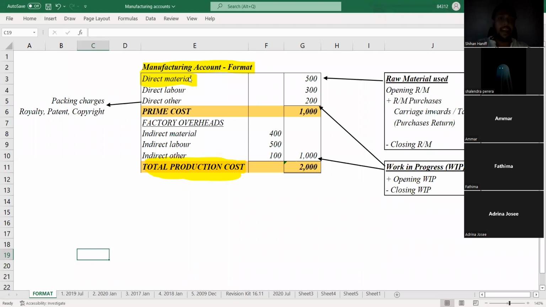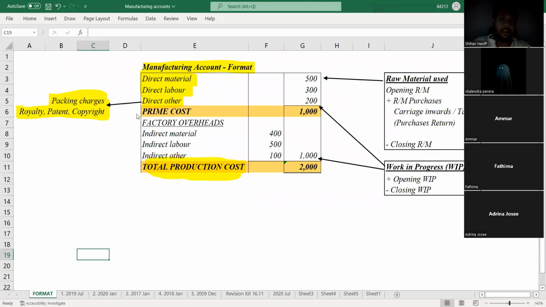You can directly attribute that cost to the final product. Direct labor is the payment for the carpenter. Any other direct cost like packing charges, royalty payment, patent, copyrights are called direct other costs. If you add the direct material, direct labor, and direct other costs, we get the prime cost.